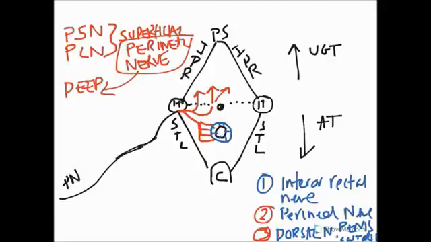And that particular nerve enters into the deep perineal pouch in here, and it passes along the lateral margin of the pouch and then exits by passing inferiorly through the perineal membrane into a position just inferior to the pubic symphysis.